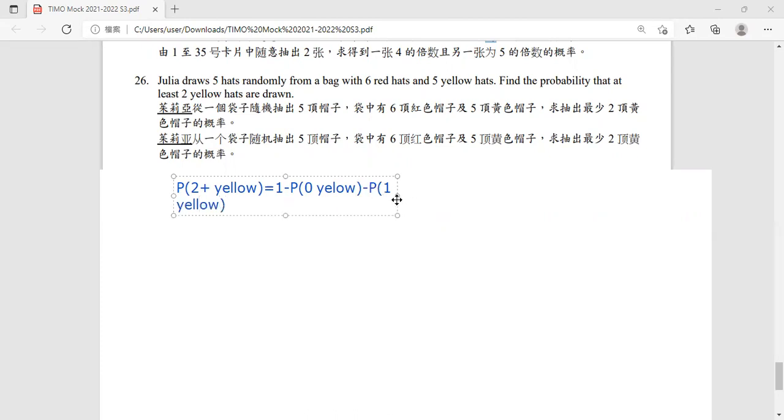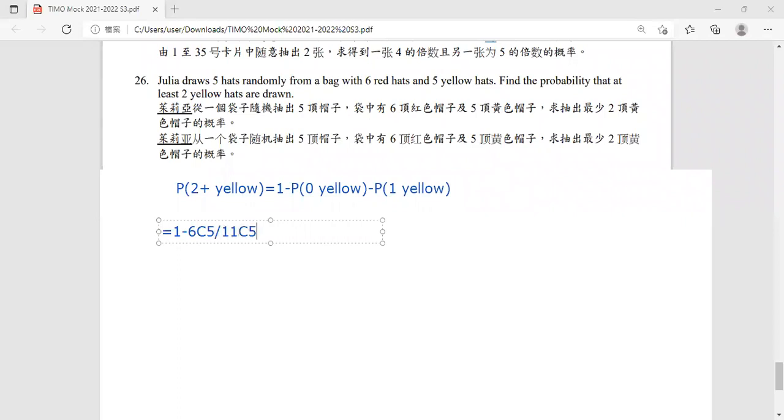So that is equal to 1 minus the case of 0 yellow hex, which means all the hex are red, which is 6C5 over 11C5, minus the case of exactly 1 yellow hex, which is 6C4 times 5C1 over 11C5.